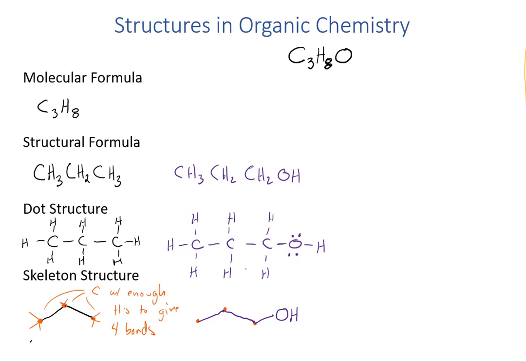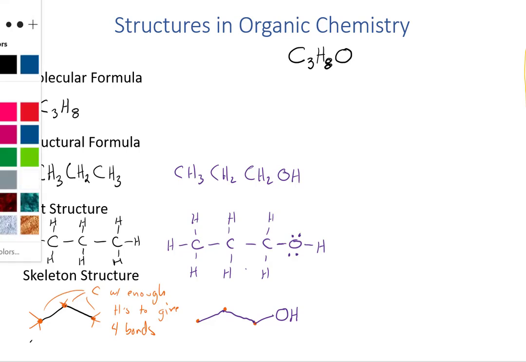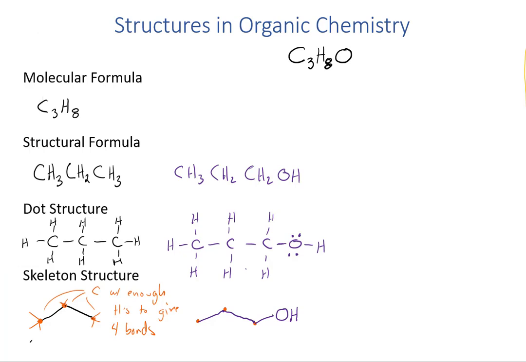Another way that we could arrange these elements would be to put the 3 carbons in a row and then put the oxygen on the center carbon.